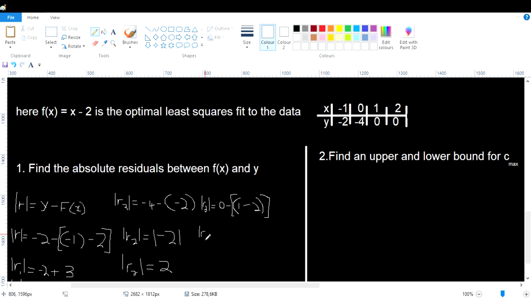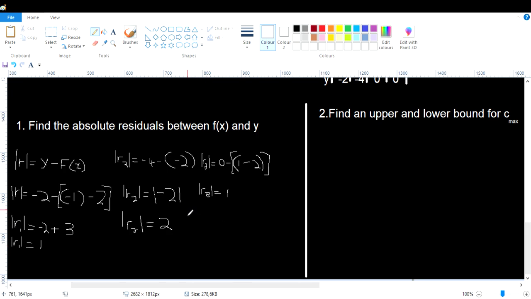Residual 3 is minus 1 plus 2. Answer is equal to 1.